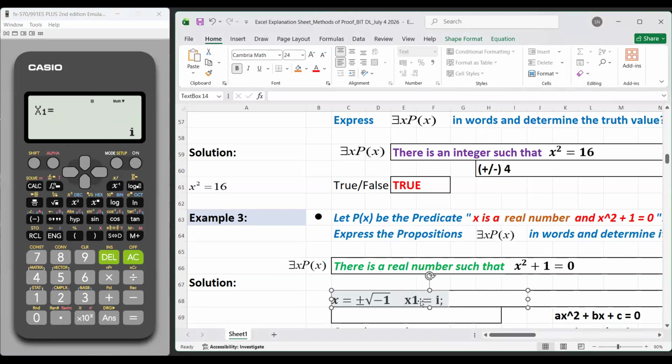Then the next one, x2 is equal to negative i. Okay, so now you must realize that these numbers I'm seeing on the screen are not real numbers, because real numbers don't have things like i and minus i. So it means that the statement is false.